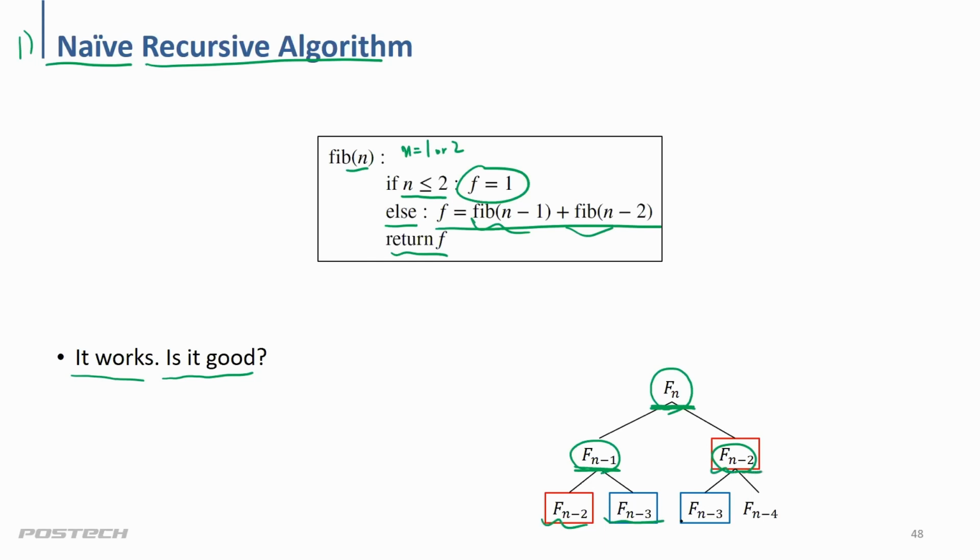To compute this guy, we need other subproblems until it meets the base case. But you have to see here f of n minus 2, and there's another computation.